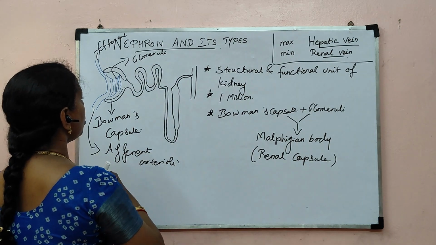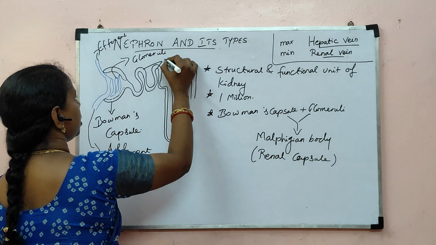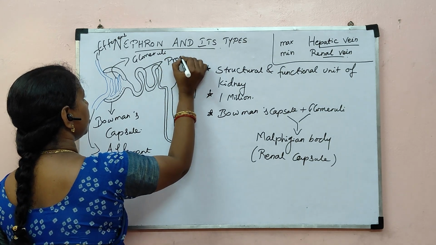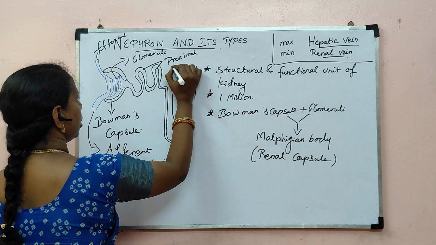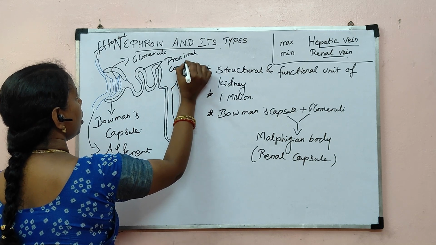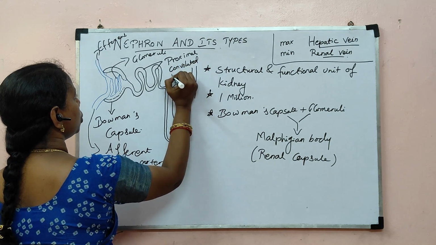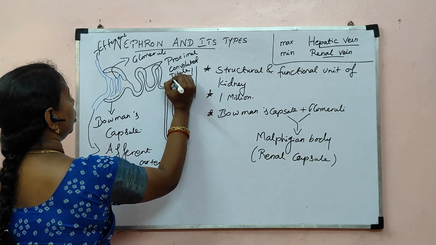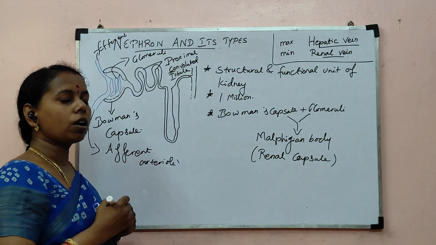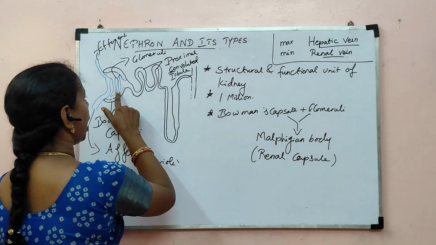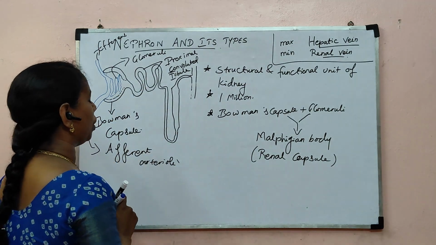Then it is followed by PCT. So this is PCT. Proximal means in the beginning. Convoluted means a wavy form. Tubule, you know, is a tube. So the proximal convoluted tubule we have right in front of the nephron.